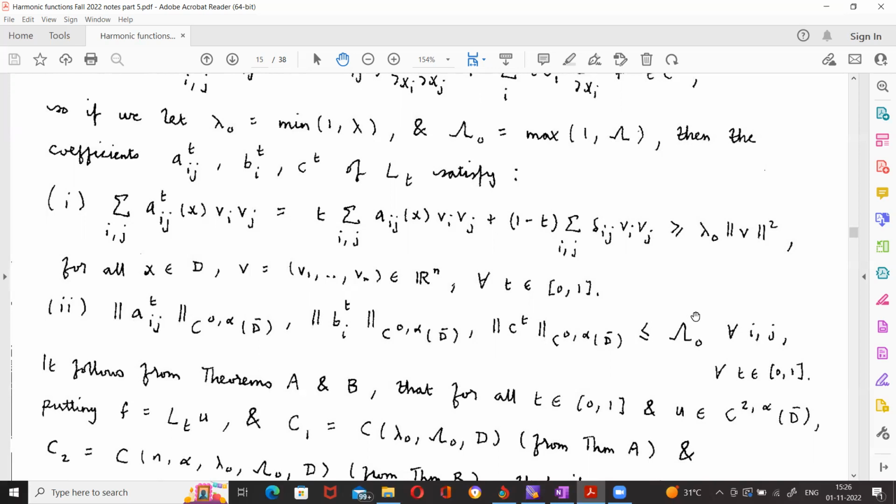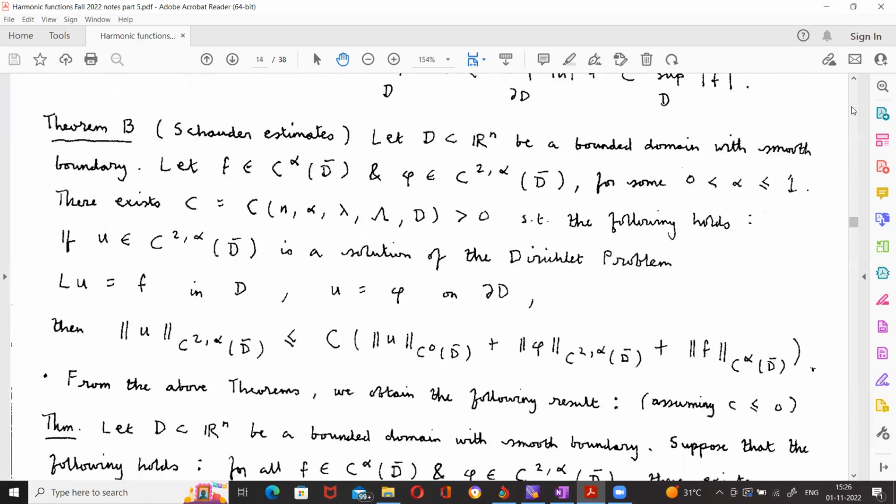Okay. So what does this mean? That means that all the operators LT satisfy these two hypotheses with fixed constants, little lambda naught and capital lambda naught. Therefore, by the Schauder estimates that we had, let me recall the Schauder estimate here. It was giving you a boundedness, where this constant C in the inequality only depends on the ellipticity constant lambda and a bound on the Holder norms of the coefficients.